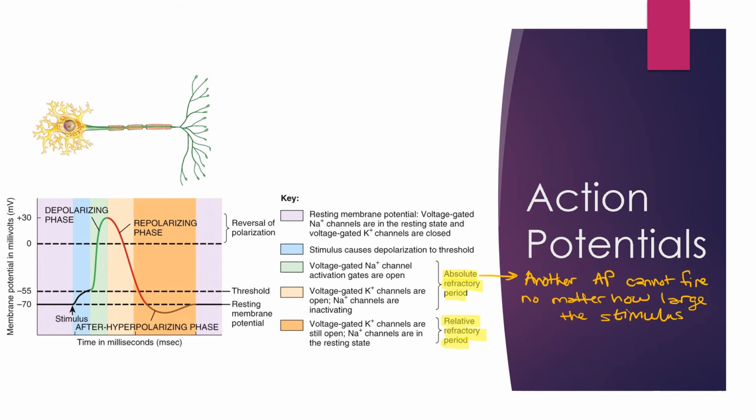So this absolute refractory period is really due to the voltage-gated sodium channels being inactive. Having the inactivation plug in place, they're completely unable to open again during that time.